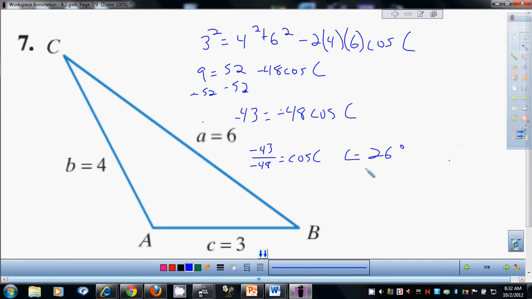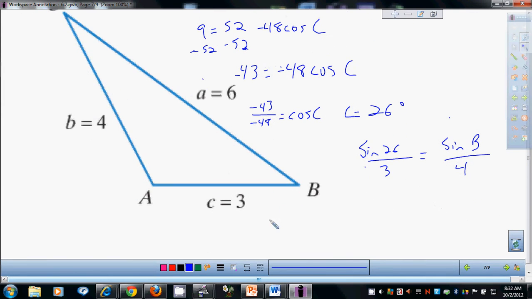Looking for angle B. So it would be 3 sine 26 over 3 equals sine of B over 4. Cross multiply. Divide both by 3. And take the sine inverse.